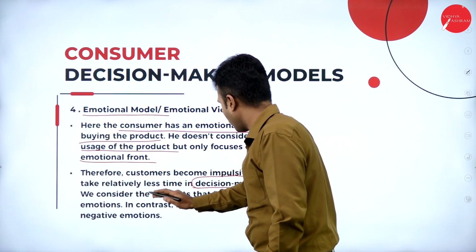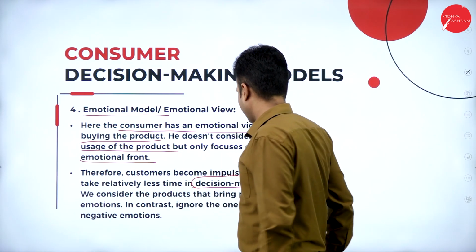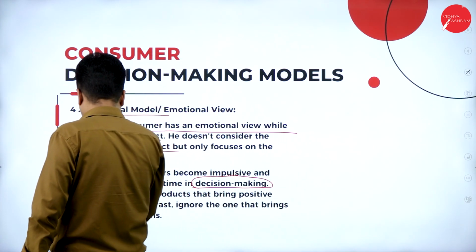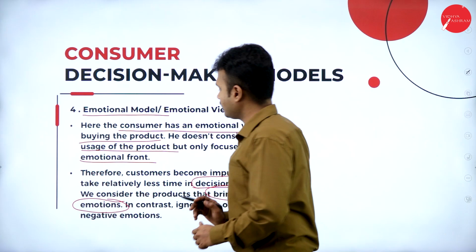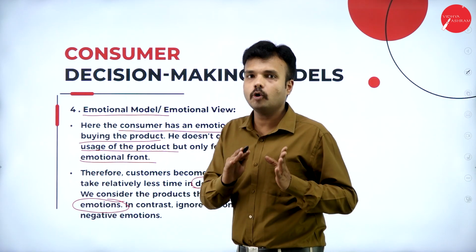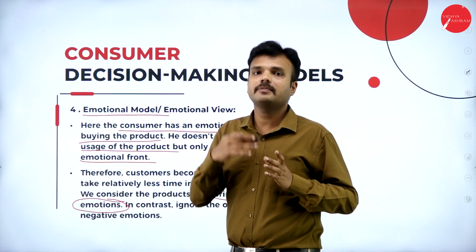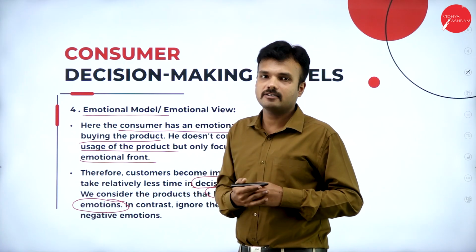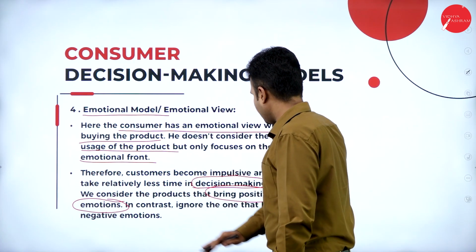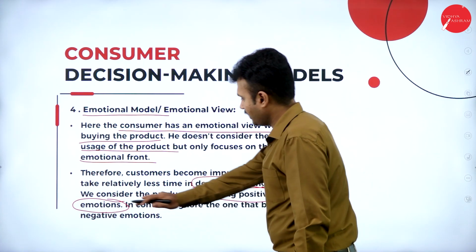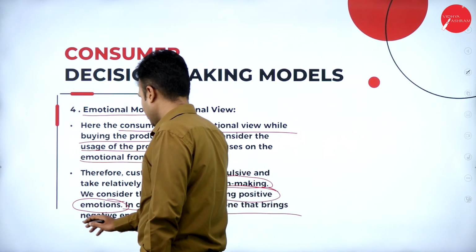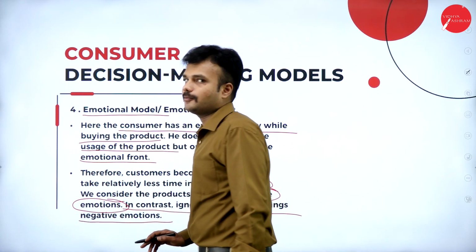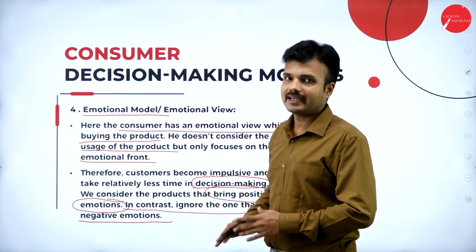We consider the product that brings positive emotions. He won't consider a product which brings negative emotions in the minds of customers. In contrast, he ignores the one that brings negative emotions. So he is going to ignore the product which is going to have a negative impact on him.